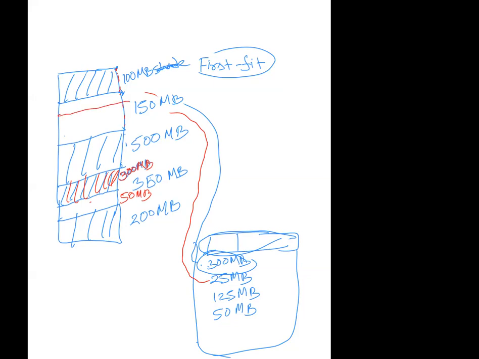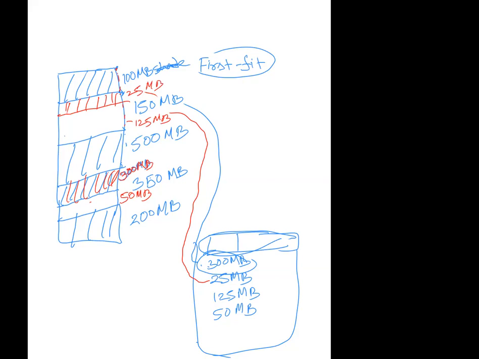So first fit, whenever it gets a good amount of space that fits your process, just inserts this process in that hole. When the 25 MB process comes and the 150 MB is available, it just inserts this 25 MB in this location. So 25 is here, and you have another 125 MB free.